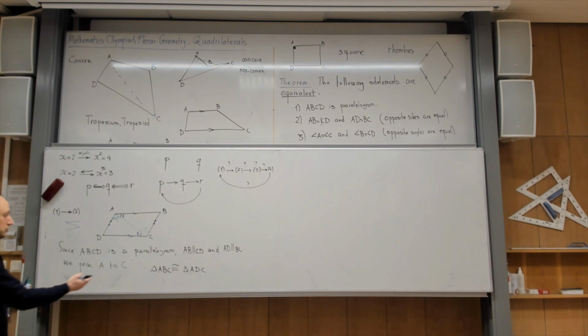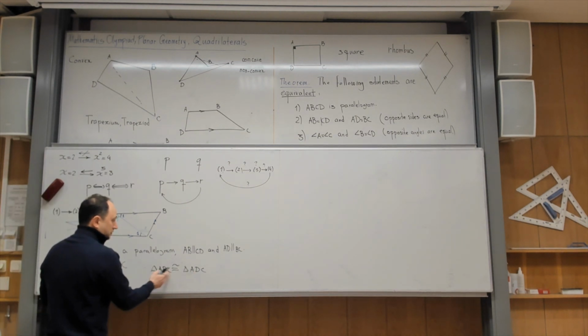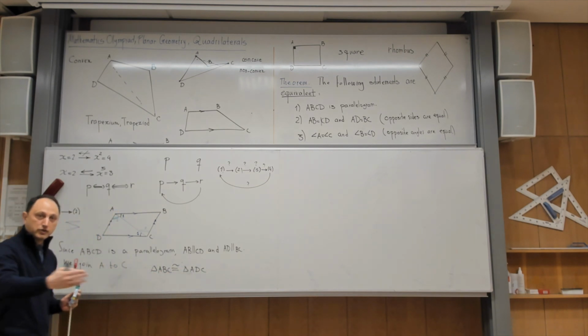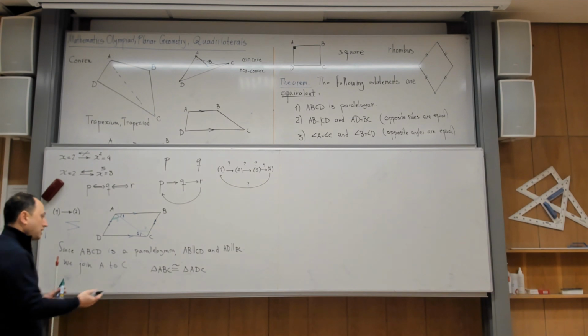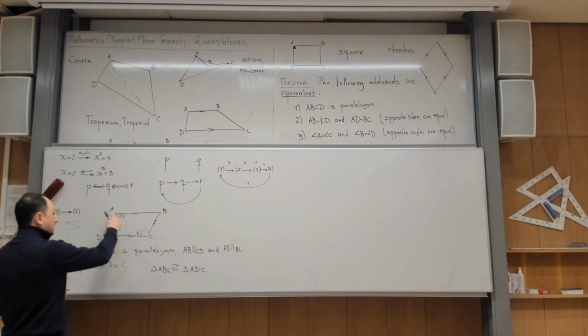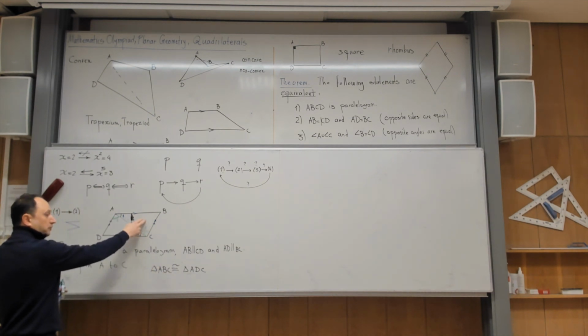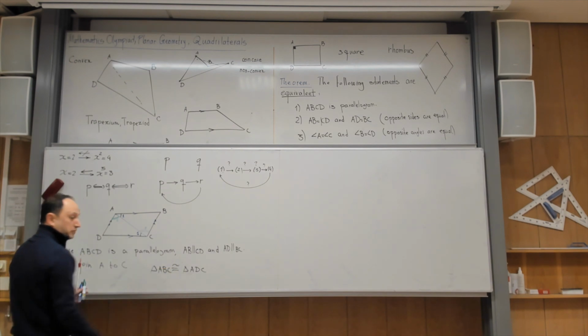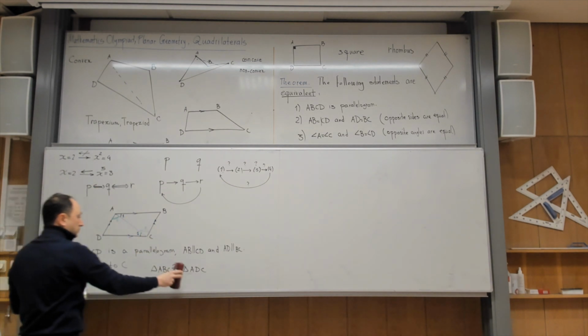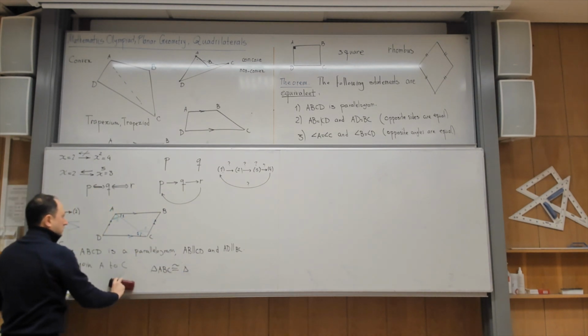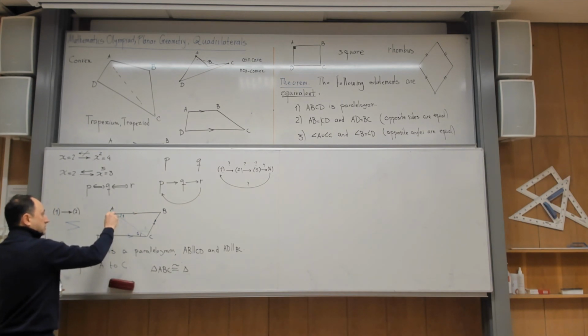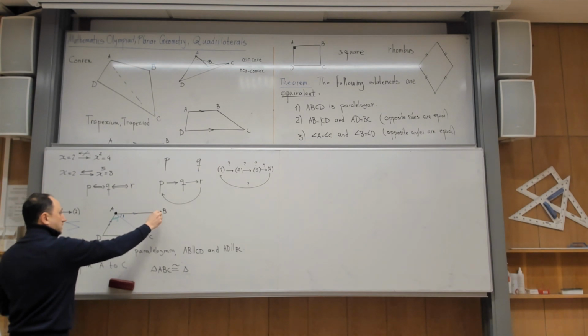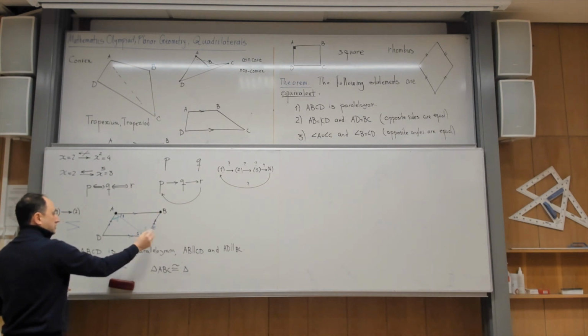By the way, do you remember I told you that, in principle, if you want to be very strict, when you write congruency, you have to write the corresponding vertices in order? So if I choose A, B, C as my order for the top one, what should be the order of the second one? From the top one, I choose A first, B second, and C third.